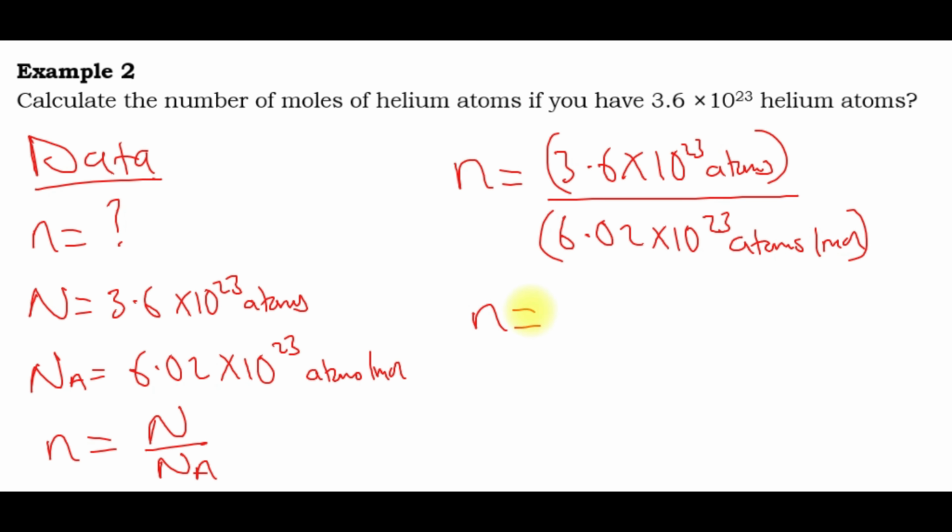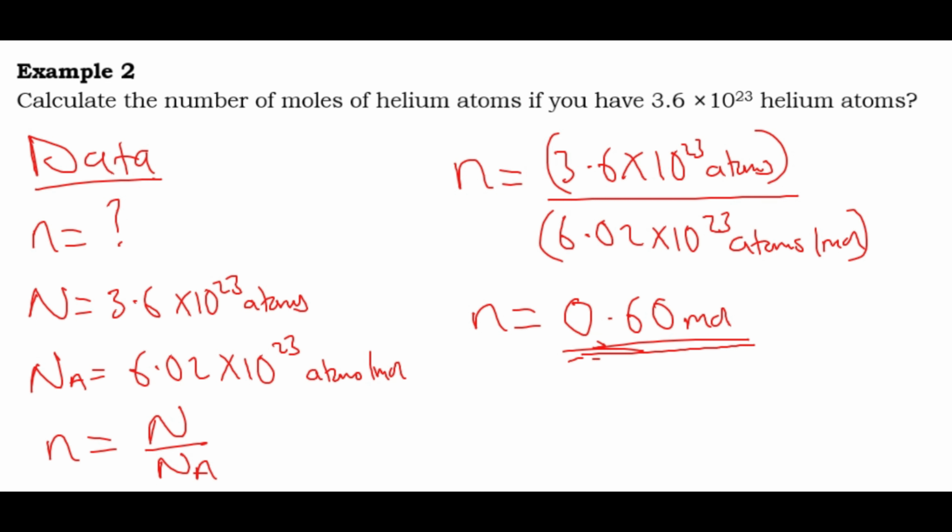So when you divide 3.6 by 10 to the power 23 over 6.02 by 10 to the power 23, you get your answer as 0.60 moles. So this is how we solve this question.